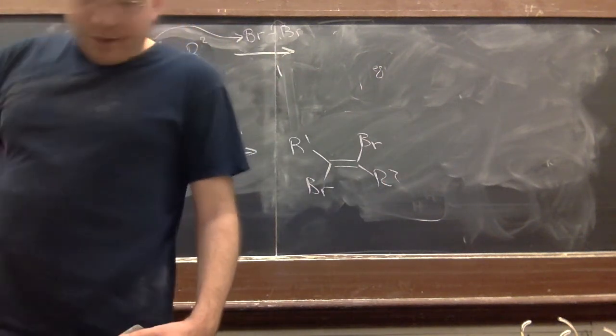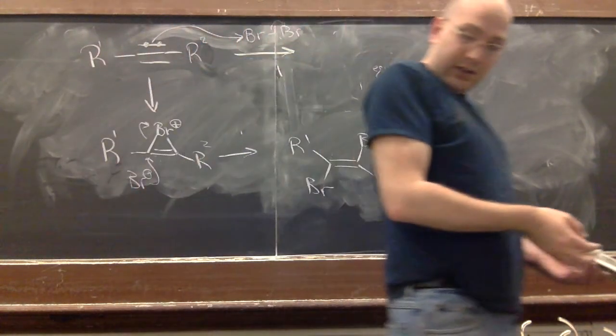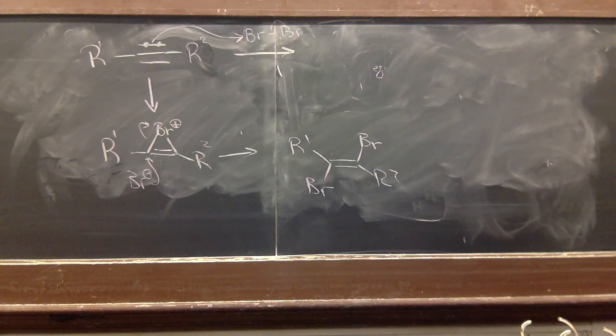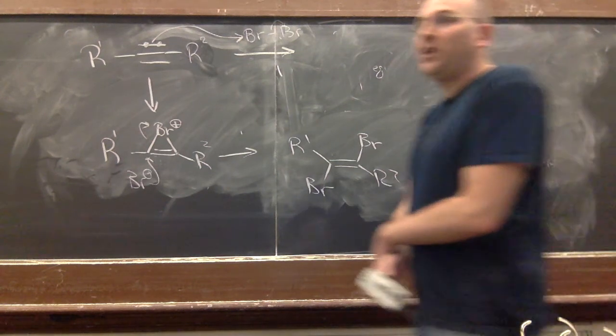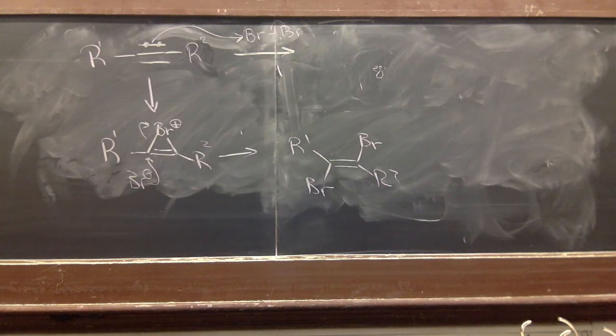I don't have it written down here, so maybe there's a reason why it doesn't happen, but I would assume that if you really took a whole bunch of bromine at this, certainly if you just use one equivalent, you would get here. Maybe if you use two equivalents, although I don't have it written down, so maybe it's not discussed. But if I added a second equivalent, at least mechanistically, you could imagine getting to four bromines on those bonds.